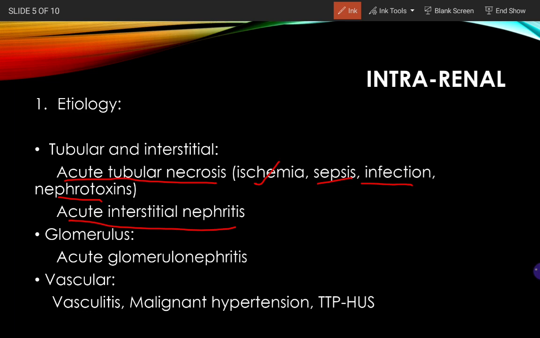It can also be a pathology in the glomerulus, that is acute glomerulonephritis. Or it can be a vascular one, that is vasculitis, malignant hypertension, or TTP and HUS, that is thrombotic thrombocytopenic purpura or hemolytic uremic syndrome. And this can also lead to a primary pathology inside your kidney.